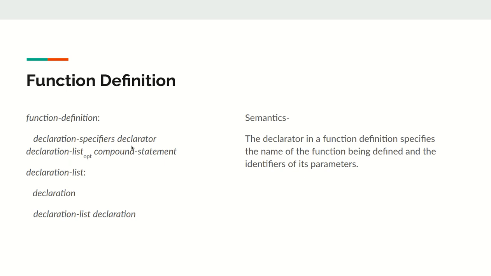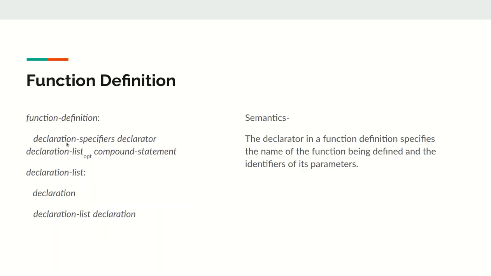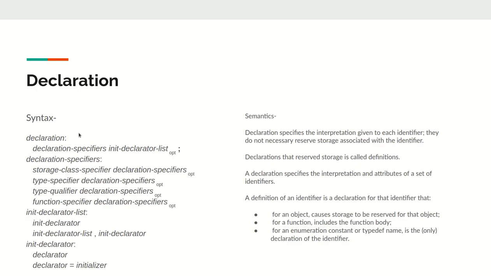To define the function, we are depending on the declarations, right? So this is a declaration. The declaration syntax is like this: declaration specifiers. If we saw our function definition, declaration specifiers are there before the declarator too. So even in the case of a declaration, it is declaration specifiers and the init-declarator-list, which is optional.